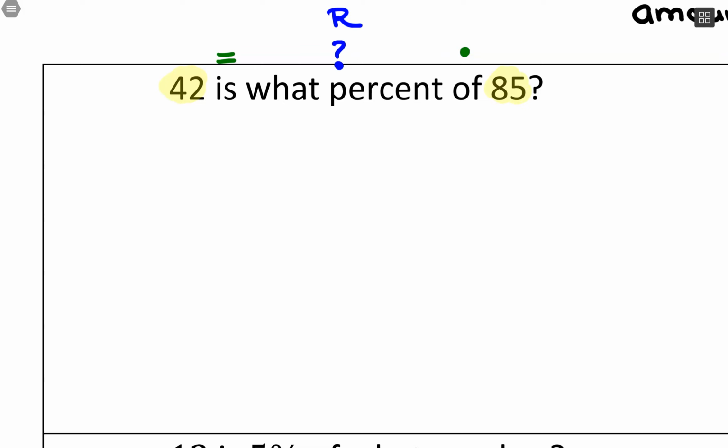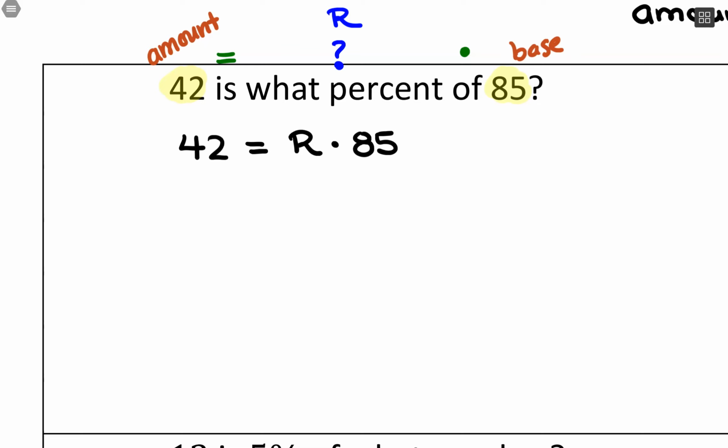So the setup here is the number that's going to be alone on one side of the equation, that's going to be the amount. So that 42 is going to be the amount. So the amount is rate of base. So our equation, 42 equals our unknown rate times 85.